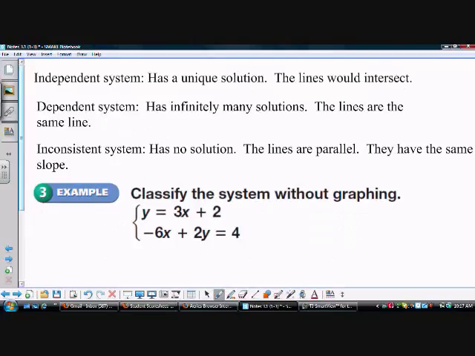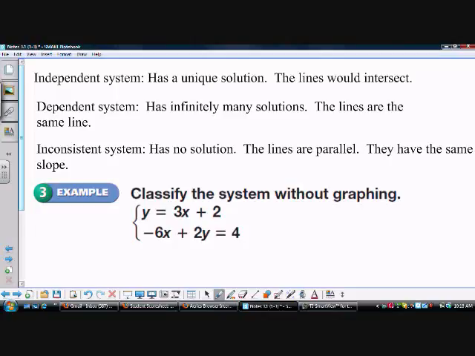Our next topic is independent systems, dependent systems, or inconsistent systems. Okay. So independent systems are the lines that intersect one time. They're like your two intersecting lines. There's one place where they intersect. There's one solution. Dependent systems are systems that have more than one solution.